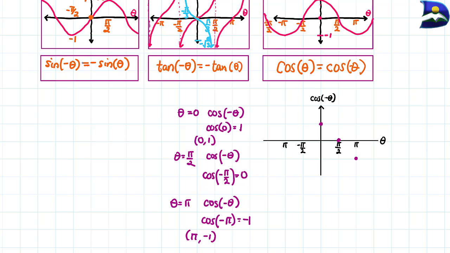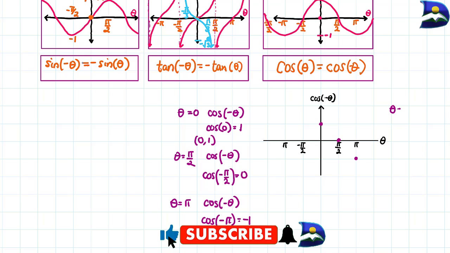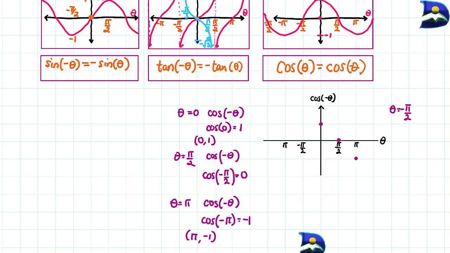Therefore, we do the opposite side. Here theta equals negative pi over 2, and our cos is applied to the negative of negative pi over 2, which gives us cos of positive pi over 2, and we know that is equal to 0. So where our angle is at pi over 2, our cos of the angle is equal to 0, placed right there.